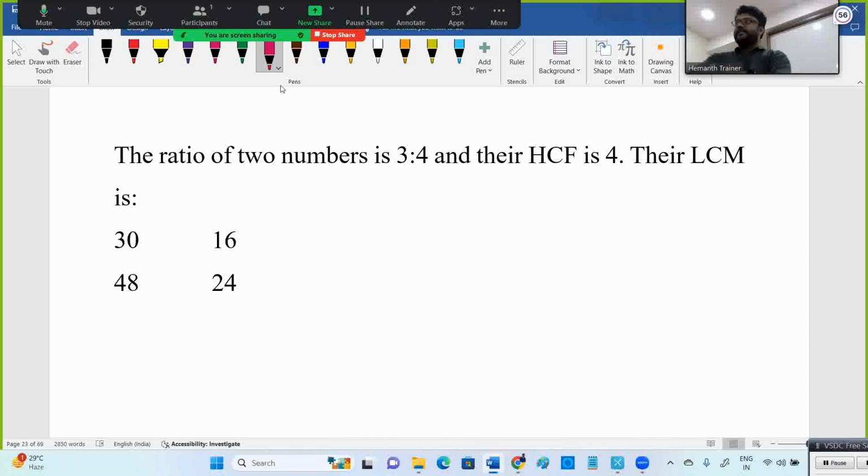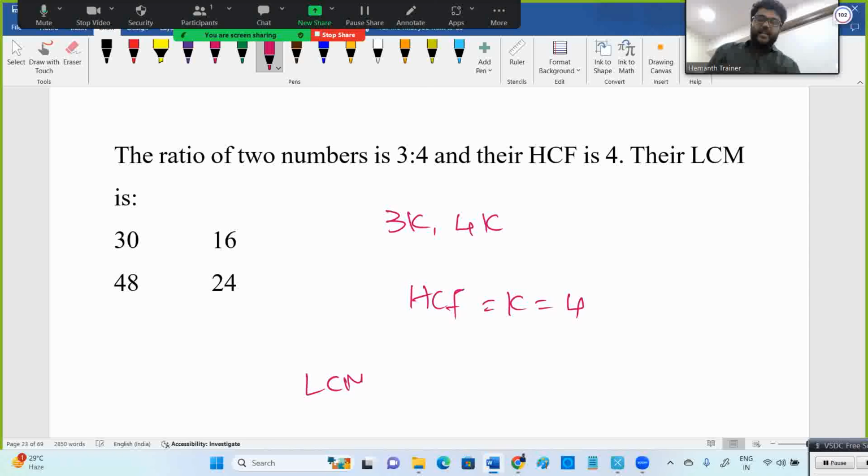If two numbers are in the ratio 3 is to 4, then the two numbers are 3k and 4k. HCF is nothing but k, which is equal to 4. LCM of 3k and 4k is nothing but 3 into 4, 12 into k, 48.